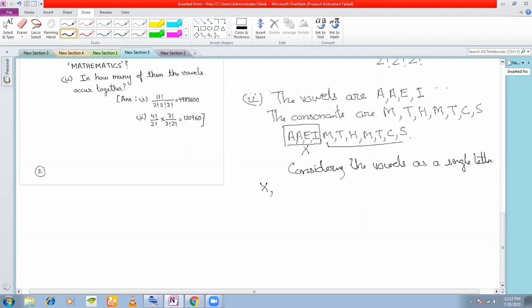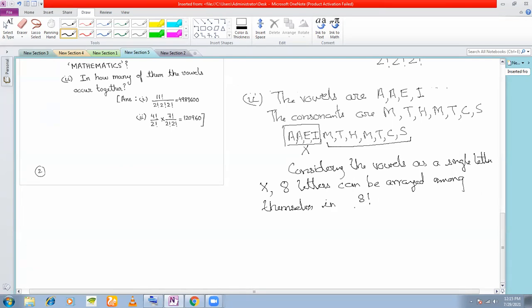These are 7 letters, and X means 8 letters. So 8 letters can be arranged among themselves in how many ways?